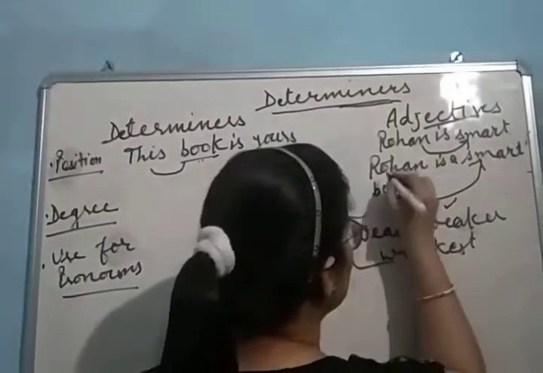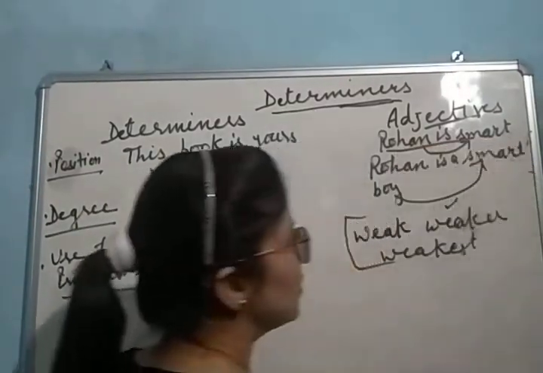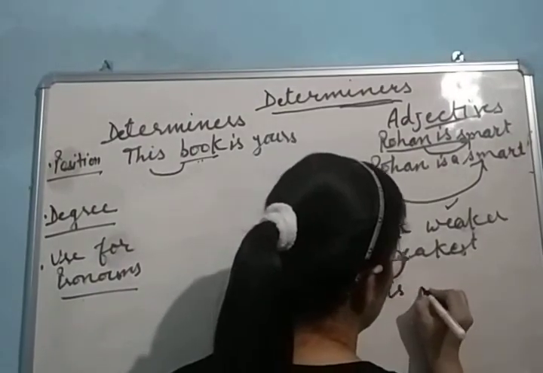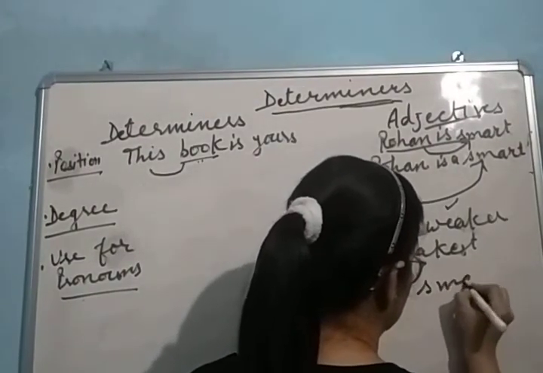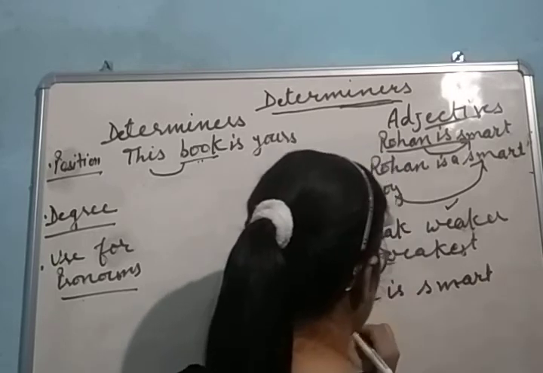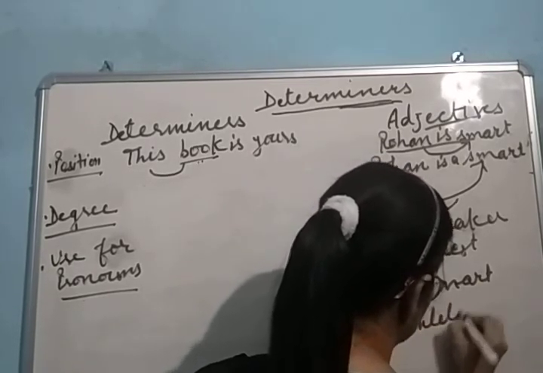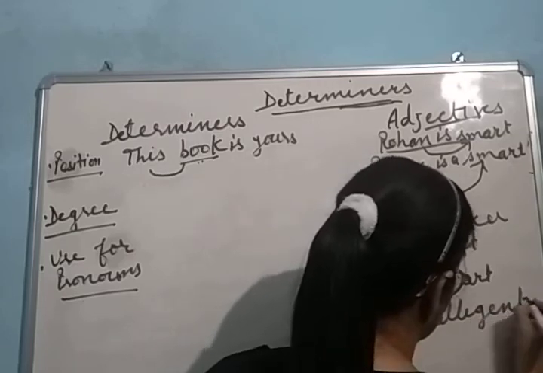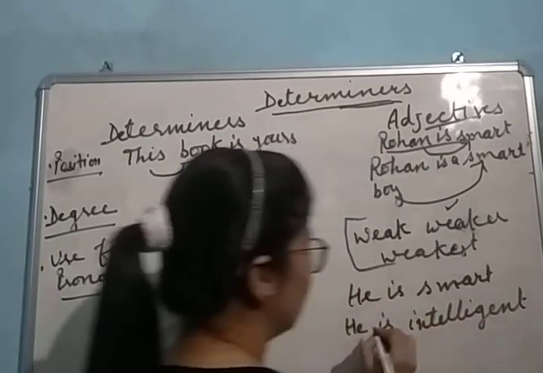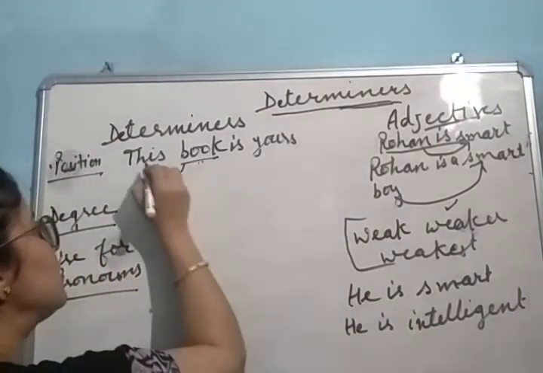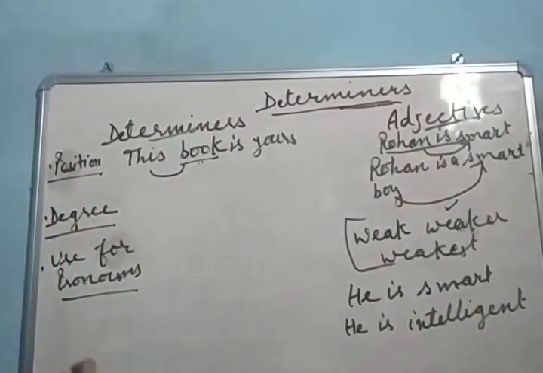We have written the sentence, Rohan is smart; we can say he is smart, or he is intelligent. An adjective qualifies nouns and pronouns both, whereas determiners qualify only nouns. They don't qualify pronouns.